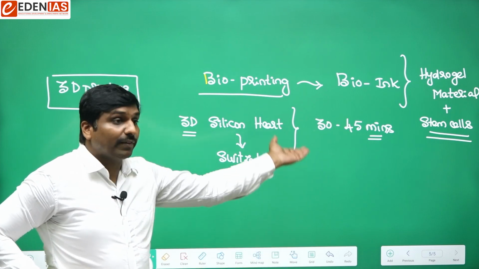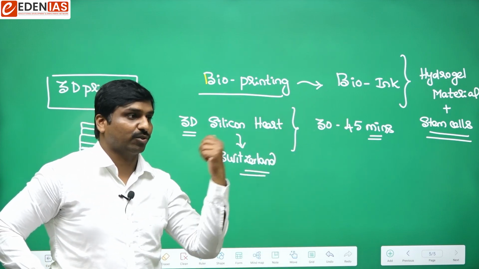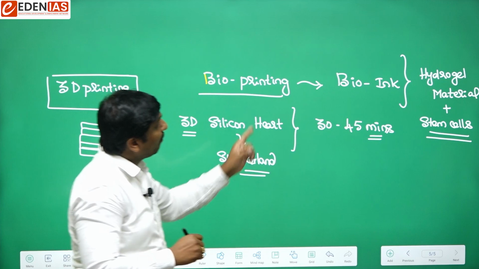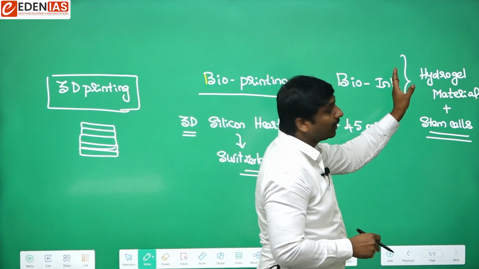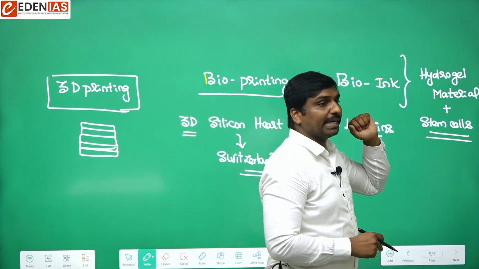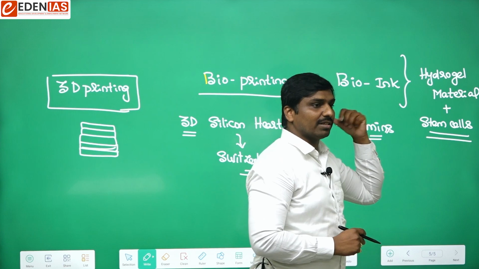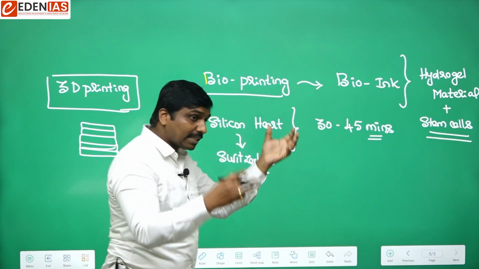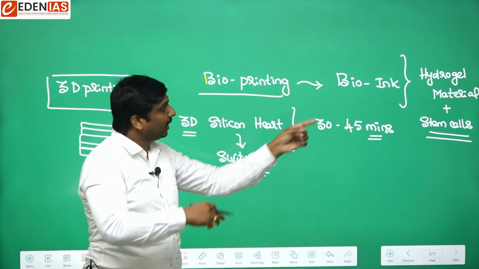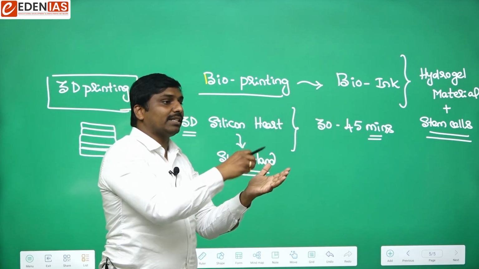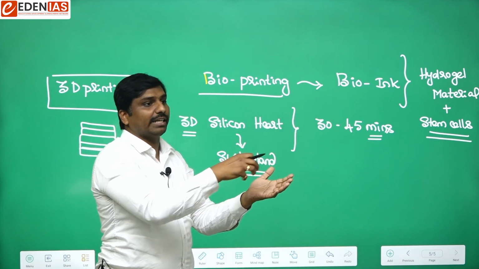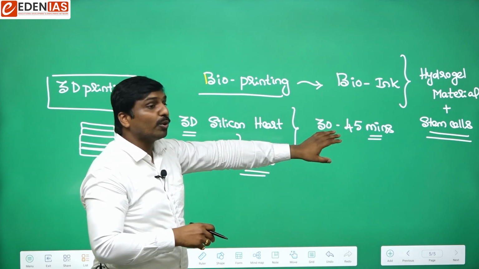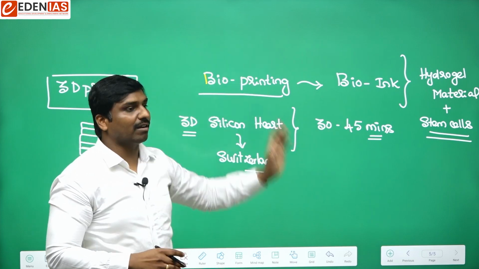With these stem cells we can develop organs also. So bio-ink is generally made up of a hydrogel-based material which consists of stem cells. We use this bio-ink, and as it is an additive manufacturing technology, we join the stem cells layer by layer. Thus, we can produce artificial organs.